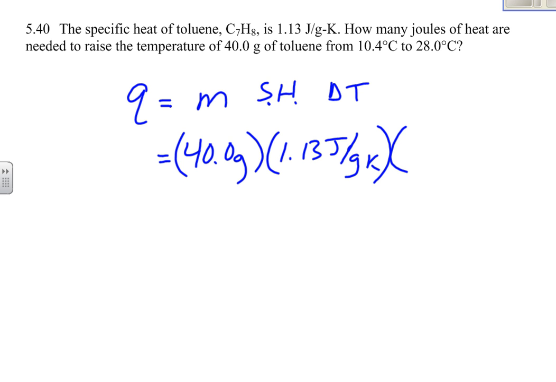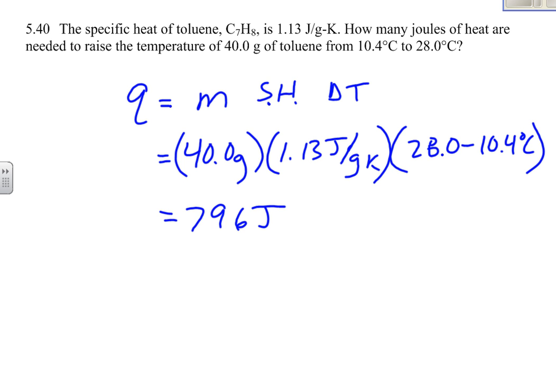And the change in temperature, final minus initial, is 28.0 minus 10.4 degrees Celsius. If we do the math here, we end up with 796 joules of energy that need to be added to the toluene to raise the temperature from 10.4 degrees Celsius to 28.0 degrees Celsius.